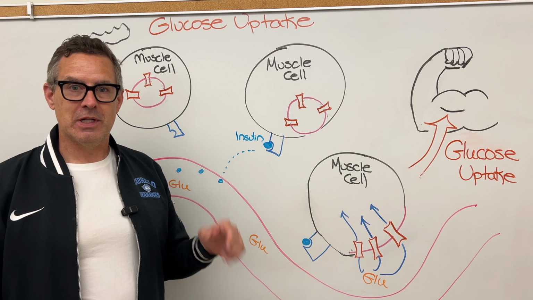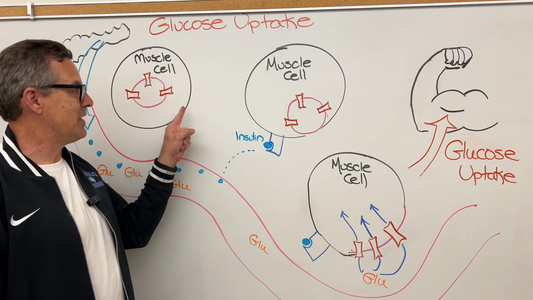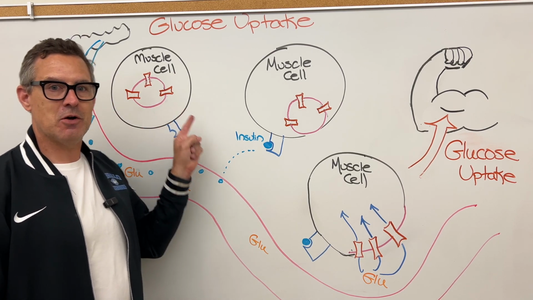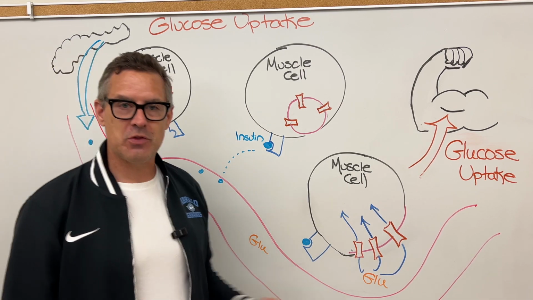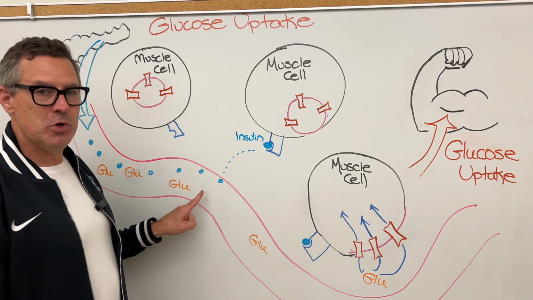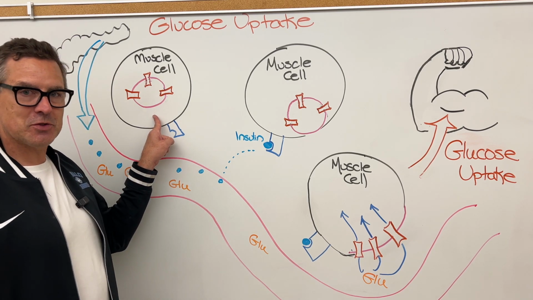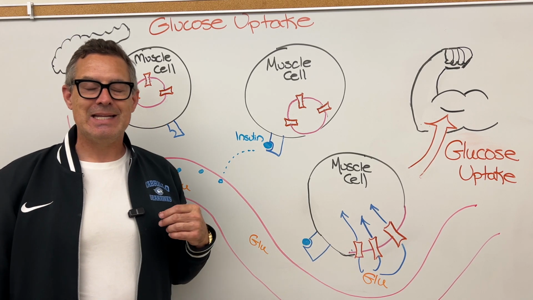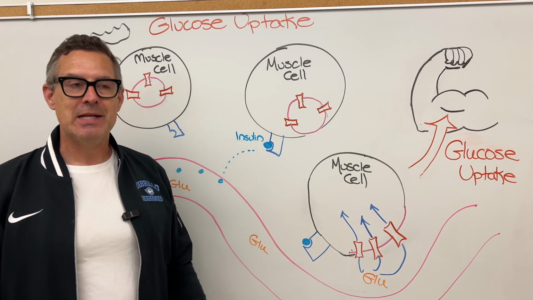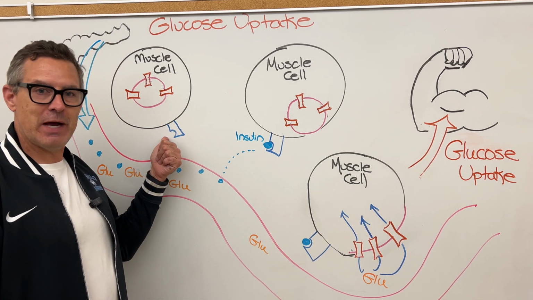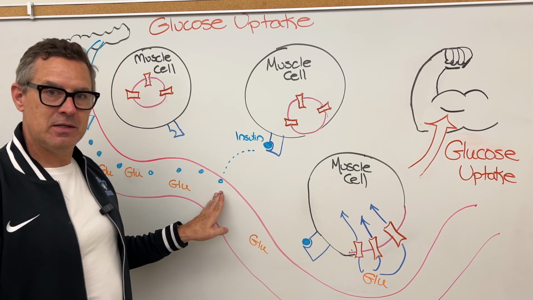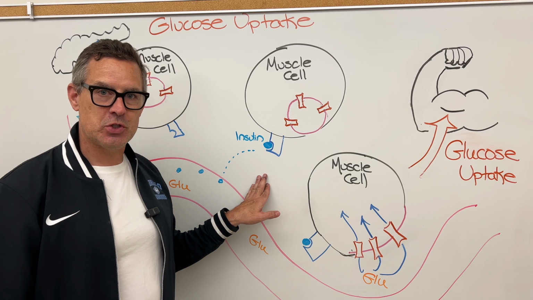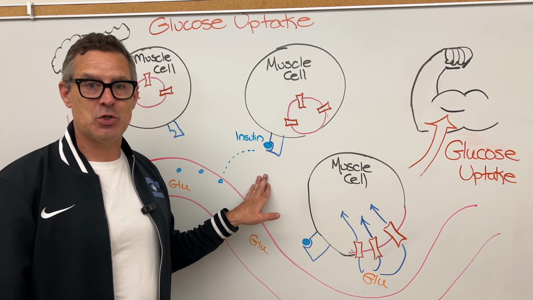And more importantly, we need these glucose channels in the cell membrane because the glucose, which we see in orange here floating through the blood, needs to move from the blood into these muscle cells. But that is not going to happen unless insulin is bound to this receptor. Once insulin leaves the blood, it moves into the interstitial space, otherwise known as the interstitial fluid.